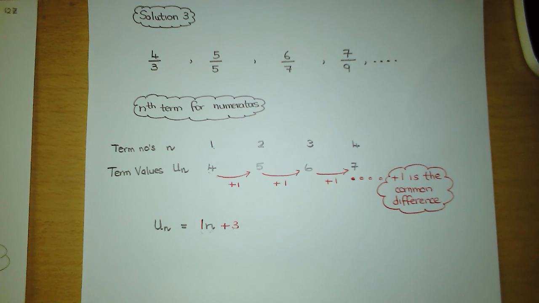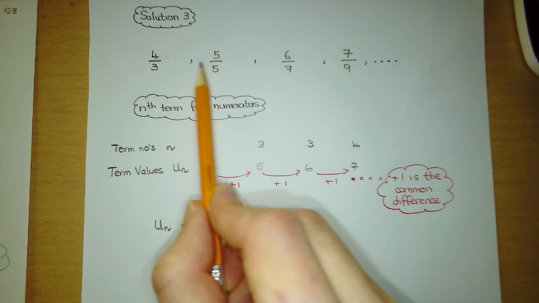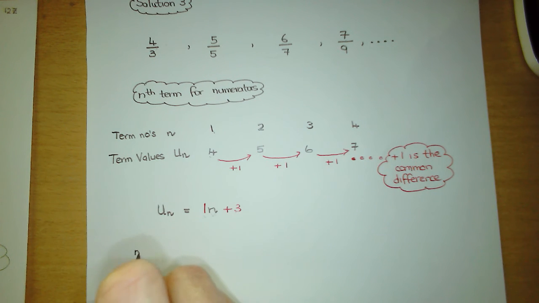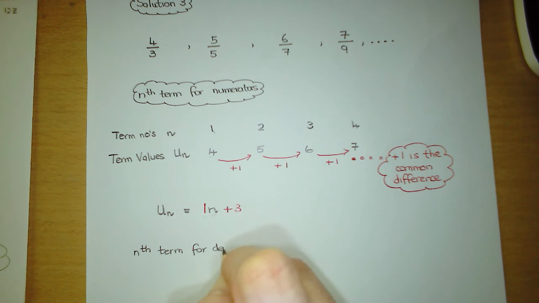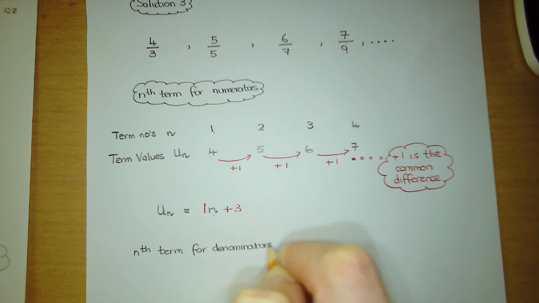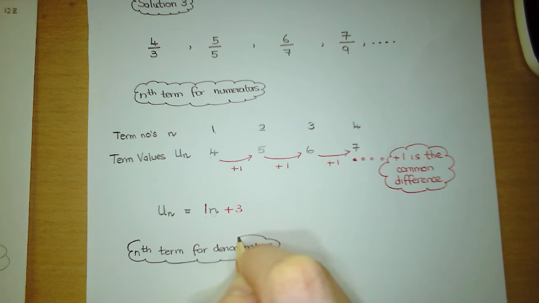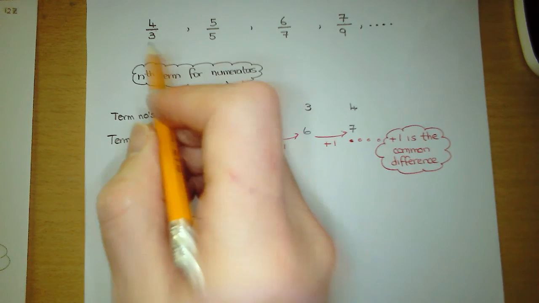Now what we're going to do is go back to the original sequence and get the nth term formula for the denominators. So again, we put another little title down, nth term for denominators. And again, we write out all the term values of the denominators.